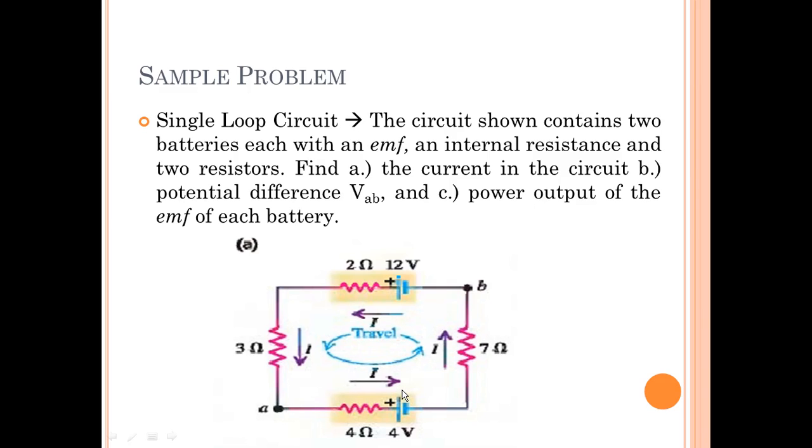Okay, so once you have assigned the direction of your travel around the loop and the direction of the current around the loop, the next step is to apply Kirchhoff's voltage rule. So you're going to construct the equation for Kirchhoff's voltage rule.